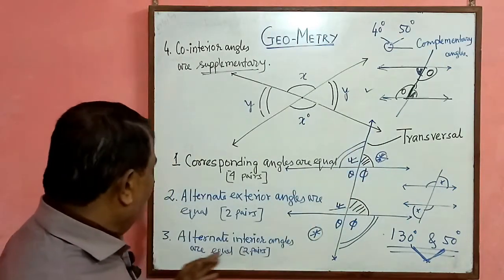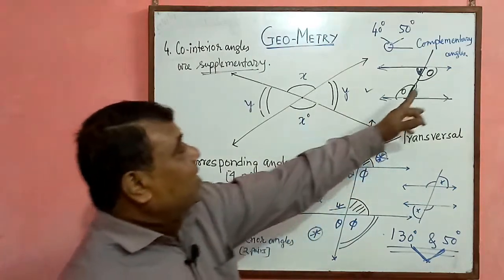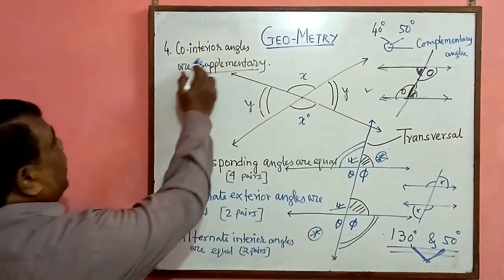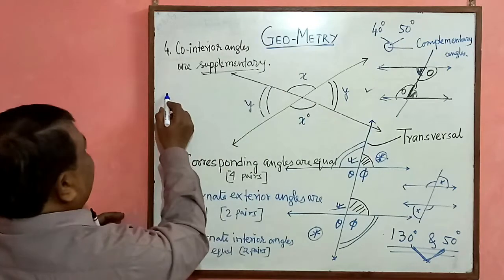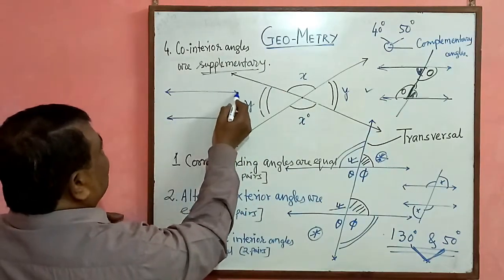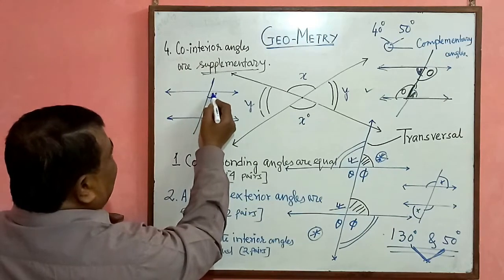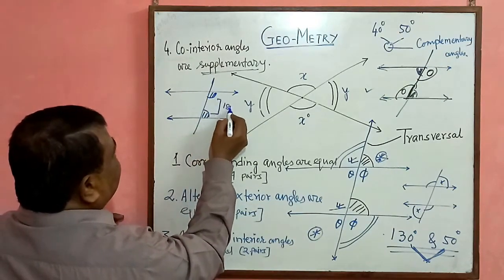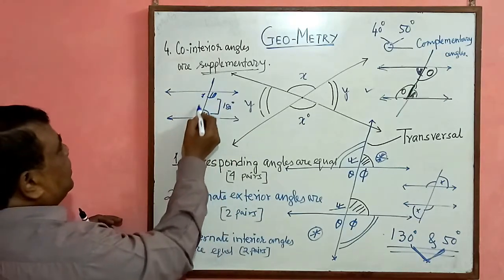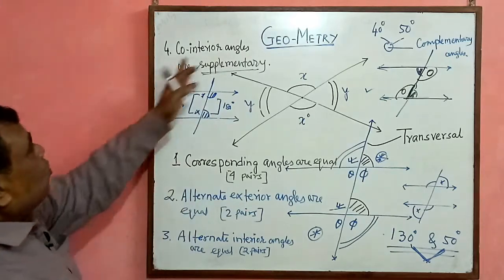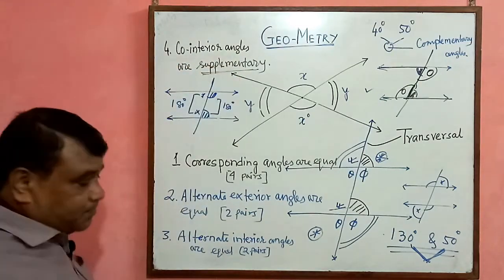Then we have come to know alternate interior angles. And now we are coming to know co-interior angles are supplementary. That means if both are parallel lines, then this angle and this angle, the sum of these two angles is 180 degree. And obviously the sum of these two angles is also 180. So co-interior angles are supplementary.